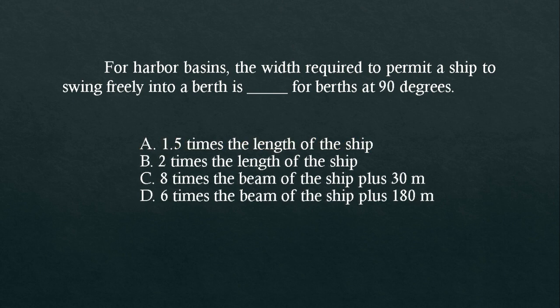For harbor basins, the width required to permit a ship to swing freely into a berth is for berths at 90 degrees.